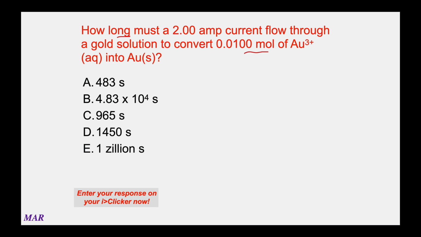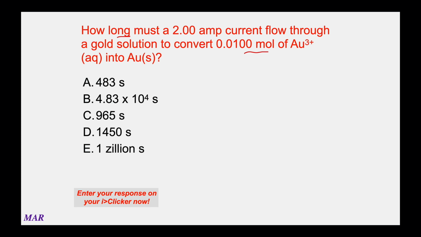So in this problem, you want to start with this many moles of gold plus 3, and you want to turn moles of gold plus 3 into moles of electrons needed, and that's where the 3 comes from. You need 3 electrons to make 1 gold plus 3 equal to neutral gold, so 3 moles of electrons are needed per mole of gold 3.